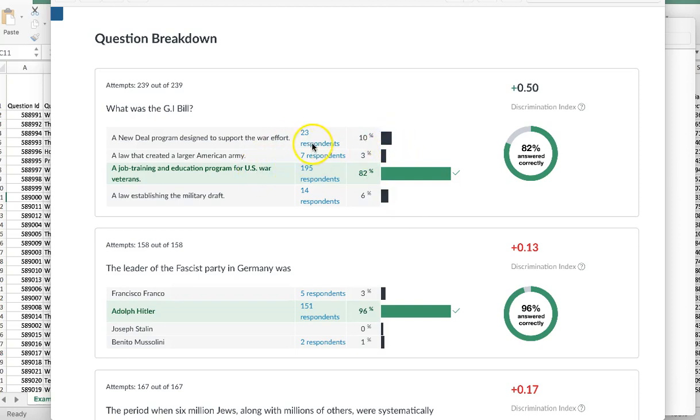That way you can actually see how many and to what degree. What you want to see is that the distractors were equally attractive, in that they all had answers. They weren't totally obvious, with one distractor getting all of them and the others not.